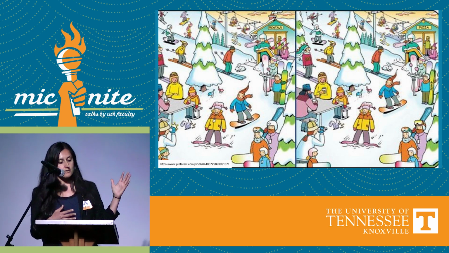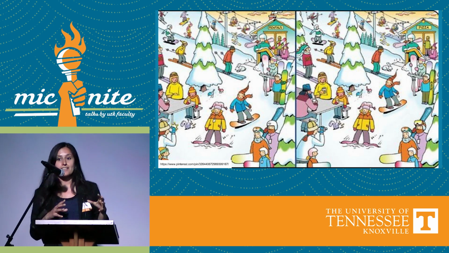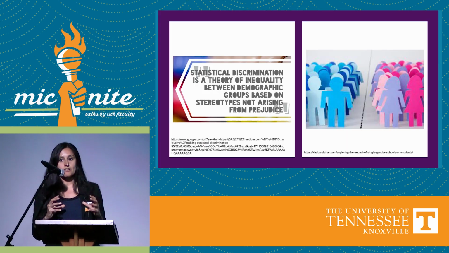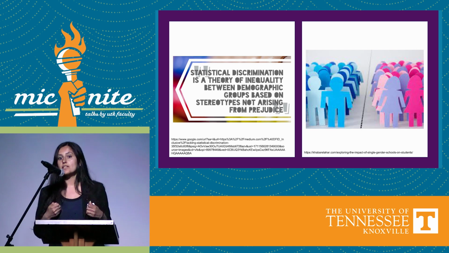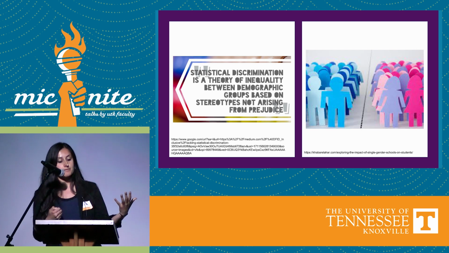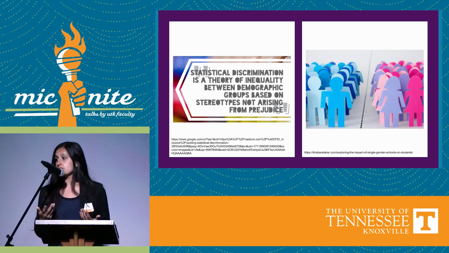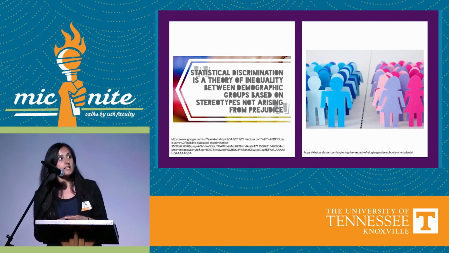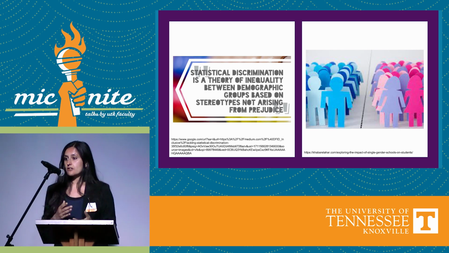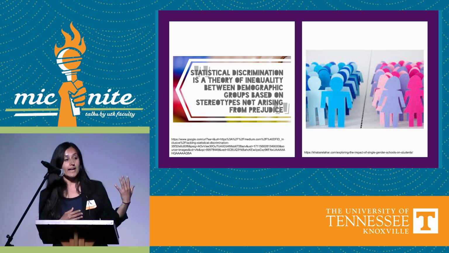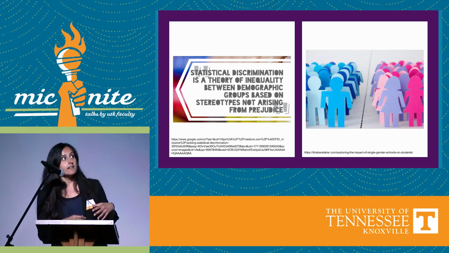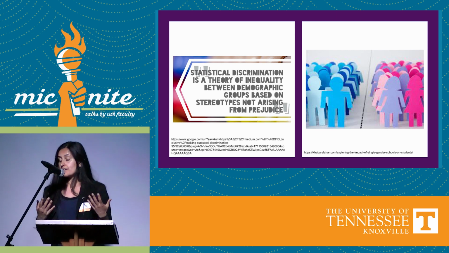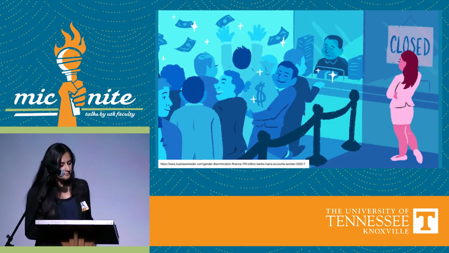And so similar to spot the differences puzzles in Highlights magazines that I used to do as a child, now as a researcher, I look at two different contexts and try to hold everything identical except for gender, so that I can be confident that any outcomes I observe must have been due to gender discrimination. In addition to the existence of discrimination, I also tend to think about why discrimination might be occurring. And we have different theories as to what is behind that discrimination.